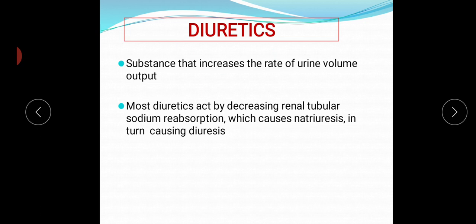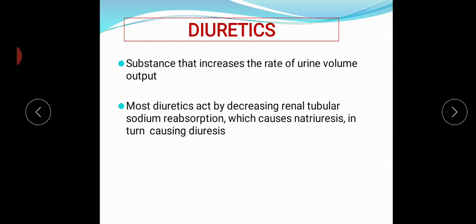Secondary to that natriuresis, water is not able to be reabsorbed from the various tubules and also gets excreted. So most diuretics work by preventing solute reabsorption, and then secondarily preventing water reabsorption and removing the water.